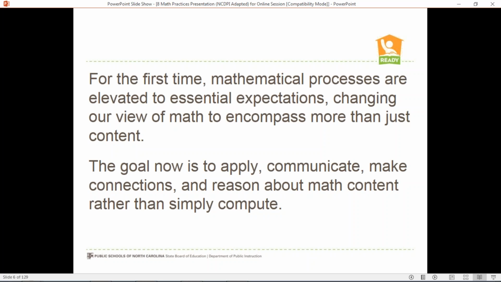Are they able to communicate in writing about the math? And then do they realize that all of this math lives somewhere, that there is a concrete representation of that math, that it connects across areas, that algebra and geometry aren't two completely separate areas, that they are in many, many ways very connected. And then ultimately, do we expect it to make sense?